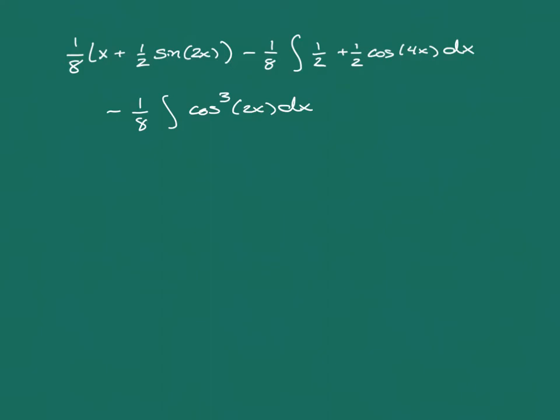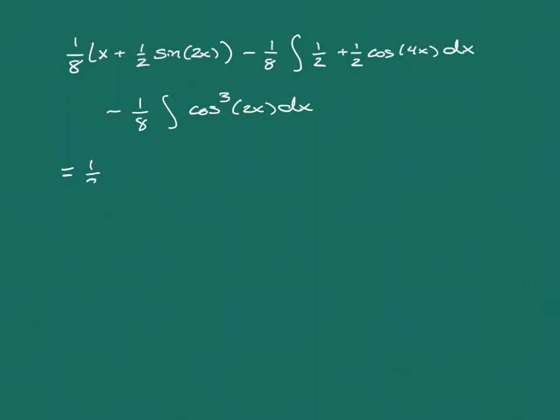Okay, so where we were at, we had the 1/2 x plus 1/2 sine 2x. Then we had a minus 1/8 the integral of 1/2 plus 1/2 cosine of 4x. So we can take out that 1/2 again.